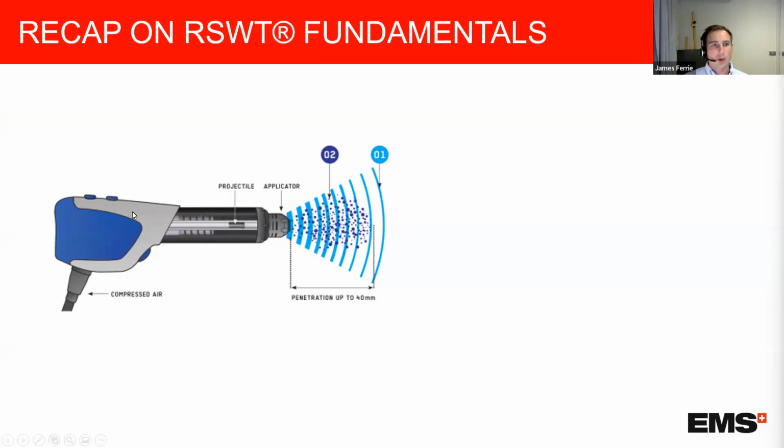So the faster it goes, the higher the frequency in terms of the number of shocks per second, the more difficulty the projectile has making its way back to the starting point. Because it loses a bit of distance, we lose energy. So one of the evolutions is a change in technology, which means that even with EMS, as we increase the frequency, the energy doesn't drop off.